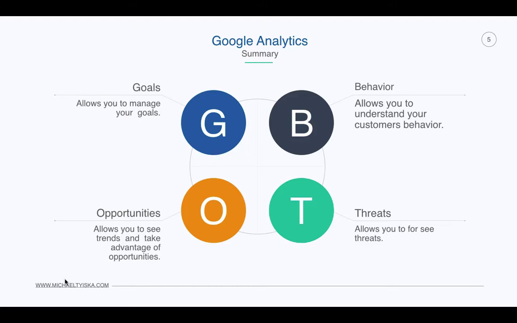T is for threats. Google Analytics not only allows you to see the threats, it allows you to see the changes in the market, and you can see what the trends are and what everybody's starting to do. Like if you're running a campaign for Christmas, and you know during Christmas time there's a certain theme that goes around, probably Santa.